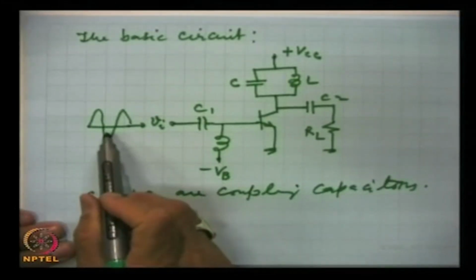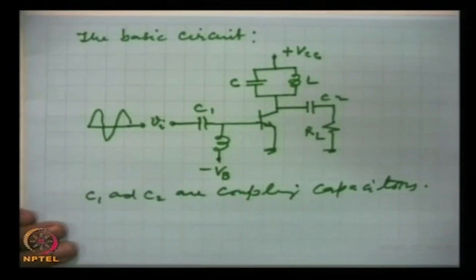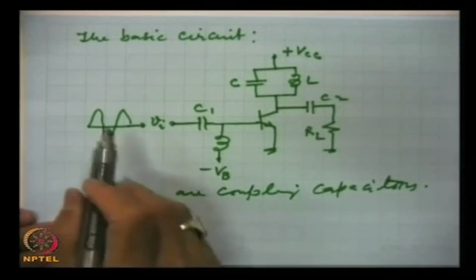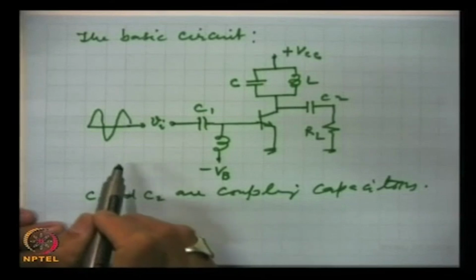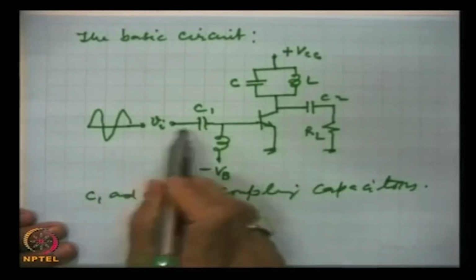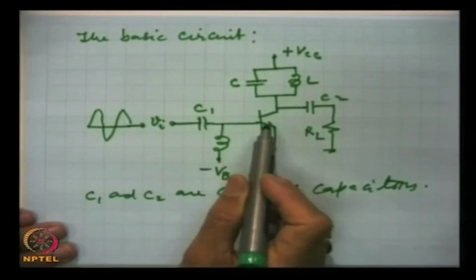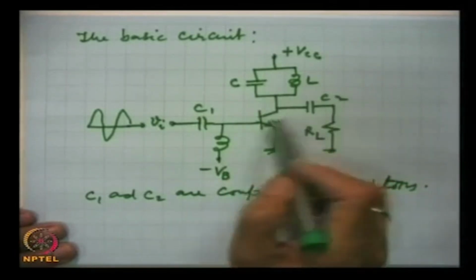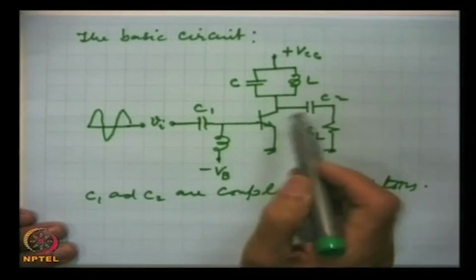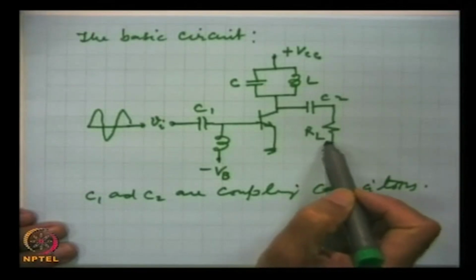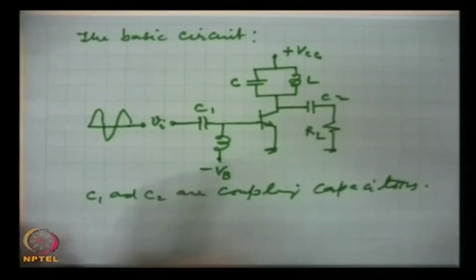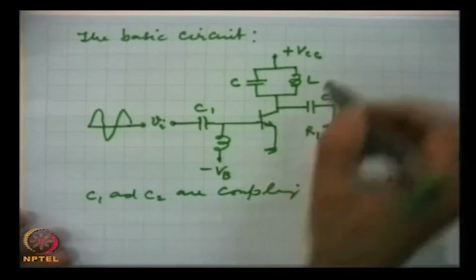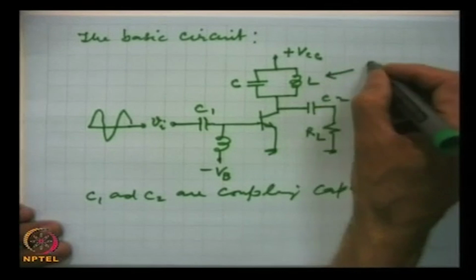This input signal, which for simplicity we will take as a sinusoidal signal, and in practice also sinusoidal input signals are used with class C operation, is coupled to the amplifier. Here the power is coupled to the load RL through another capacitor, C2, and this is the tank circuit.